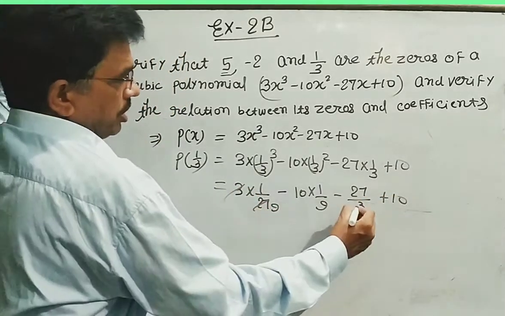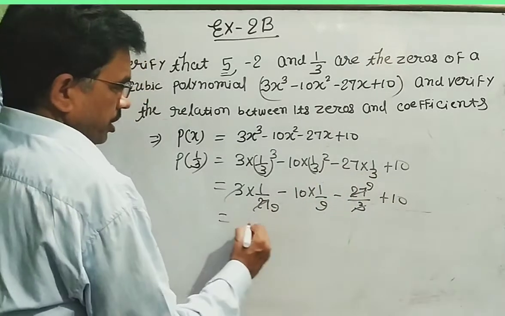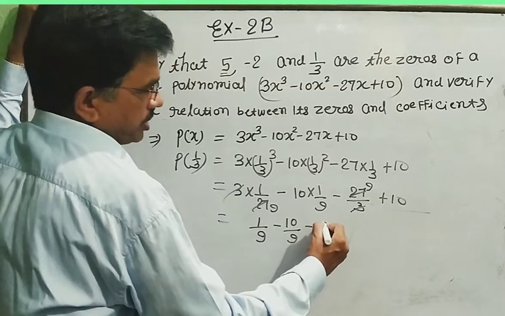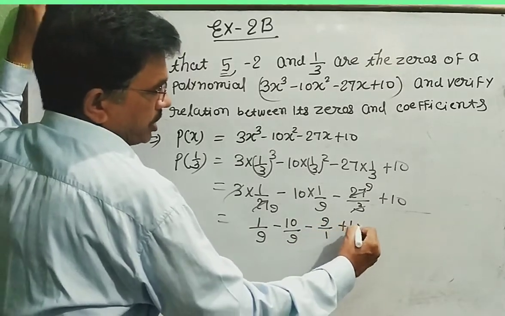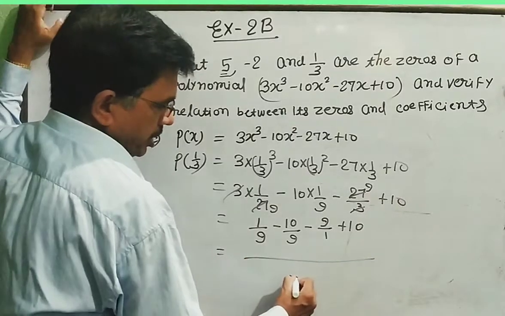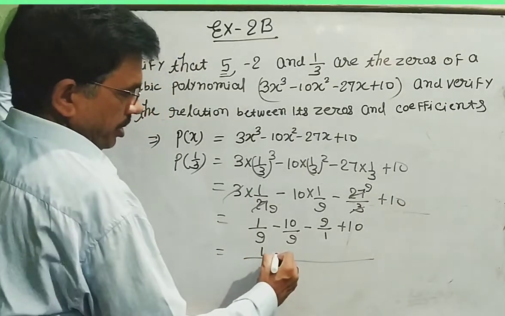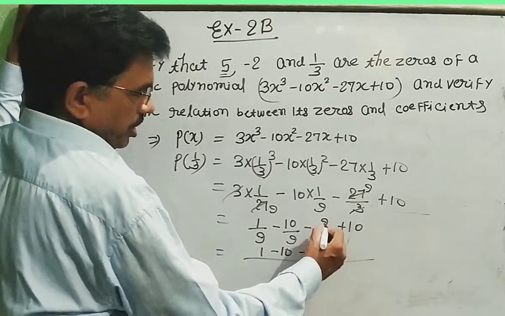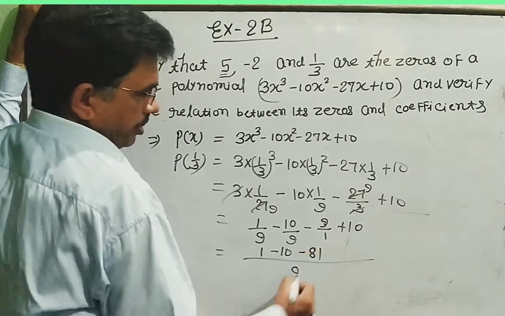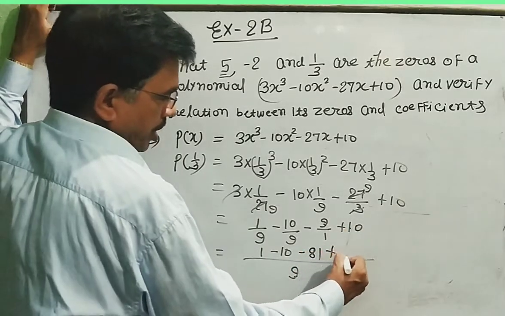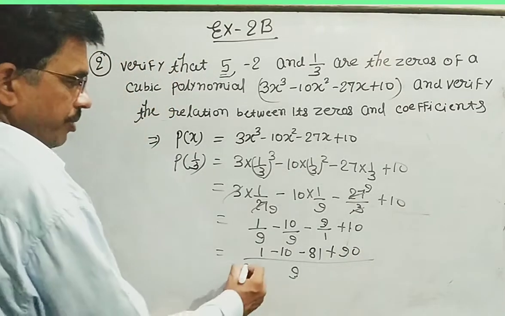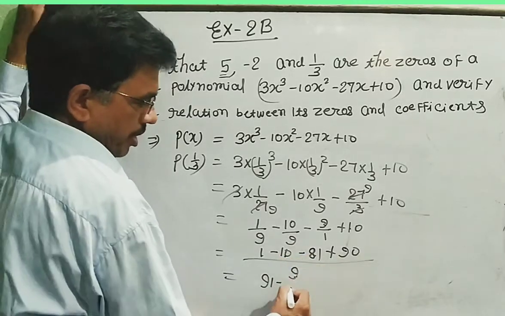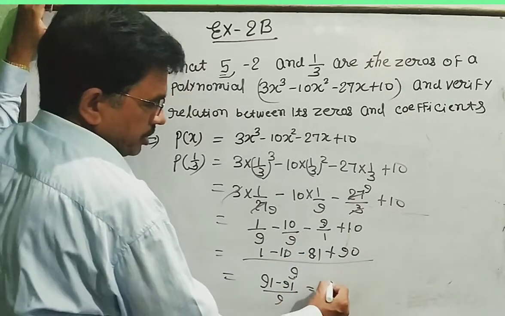The 3 nines and 3 nines cancel. Then you write 1 by 9 minus 10 by 9 minus 9 by 1 plus 10. The LCM is 9: 1, minus 10, minus 81, plus 90. You get 1 plus 90, that is 91, minus 10, minus 81, which is 91 by 9 minus 91 by 9, that is 0 by 9.